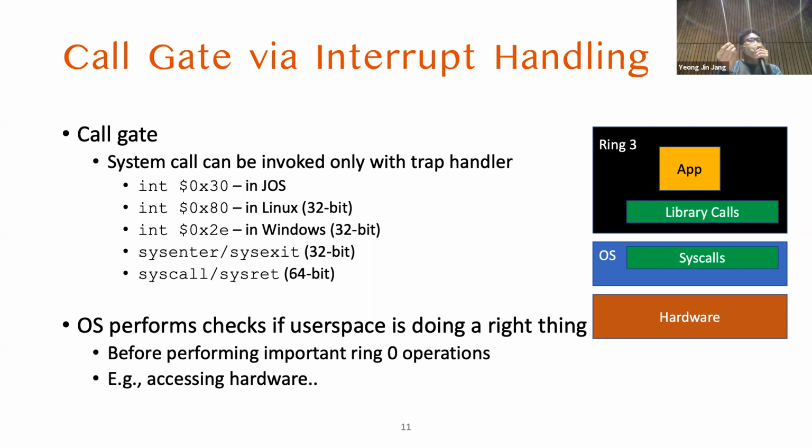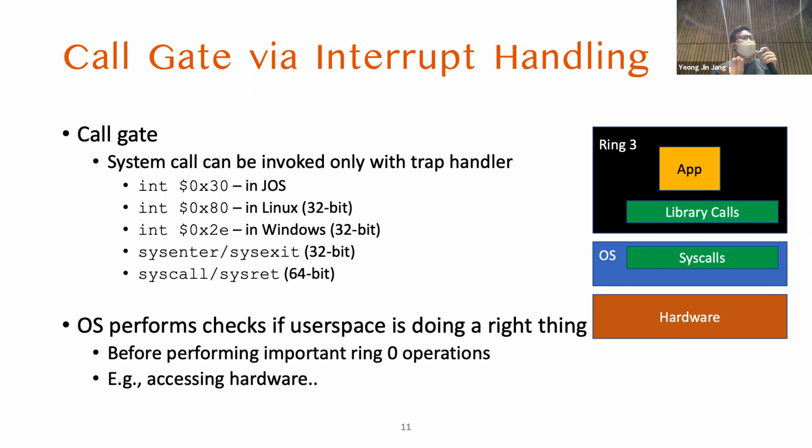The only requirement for the system call is that whenever user space makes a request, we should have some way to raise the privilege and execute something from ring 3 to 0, and then catch that in one single handler. That's the requirement for system call handling.